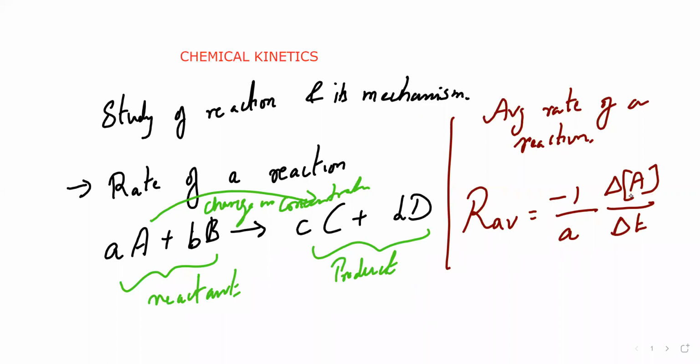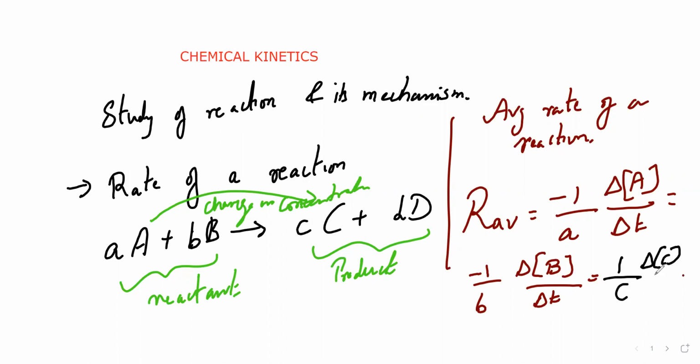This is again equal to negative 1 by b, delta [B] by delta t, equal to what? The products will always be positive in nature, so that we have to see. So that will be plus 1 by c, delta [C] by delta t, and so on. This is equal to 1 by d, delta [D] by delta t.